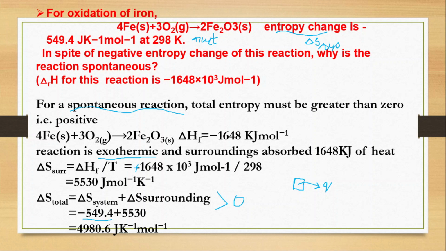So the entire thing we should consider as surrounding. To calculate the entropy change of the surrounding is very, very difficult. This is a limitation of the second law. The second law involves the surrounding also, so the surrounding changes we need to consider, and that becomes a little difficult for us to calculate. That is one of the major limitations.